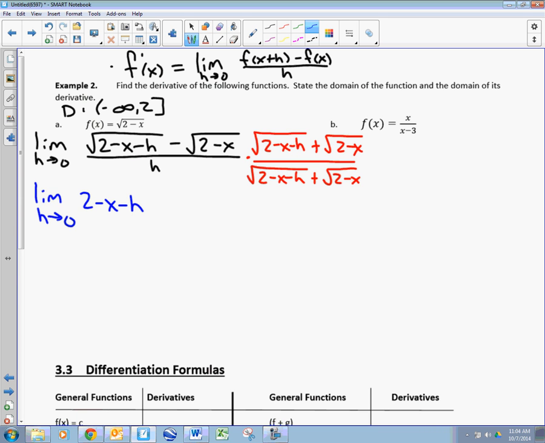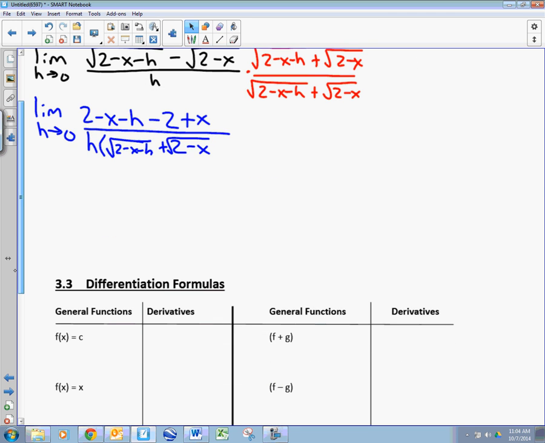And then you don't have to do the middles, do you? So square root of 2 minus x times square root of 2 minus x. I have to distribute the negative. Negative 2 plus x all over. Just leave the bottom alone. Put the h times square root of 2 minus x minus h plus square root of 2 minus x.